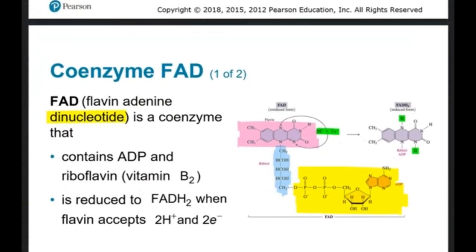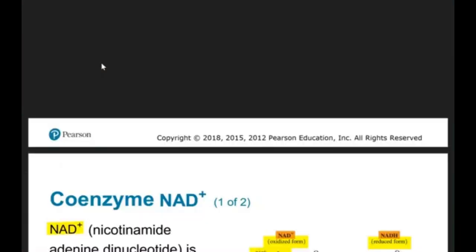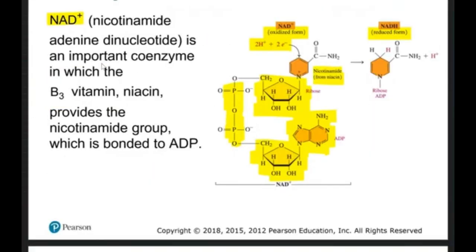So, an interesting story is that riboflavin is vitamin B2, and nicotinamide from the previous story is from vitamin B3.